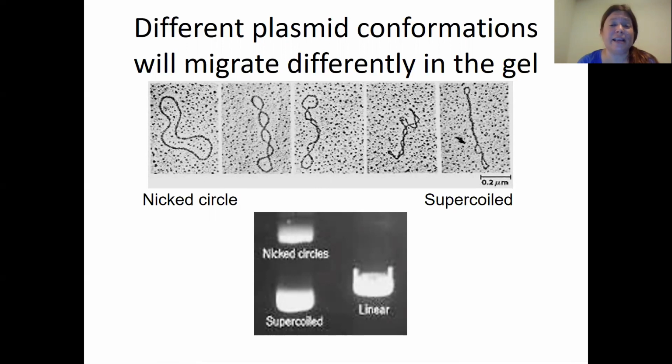So it's able to run faster than a linear 3 kb piece of DNA, because it's thicker, but it's effectively shorter. Whereas the relaxed circle all the way over here on the left is going to have great difficulty squeezing through the small pores in a gel. So that's why we see nicked circle running slowly and supercoiled plasmid running faster.